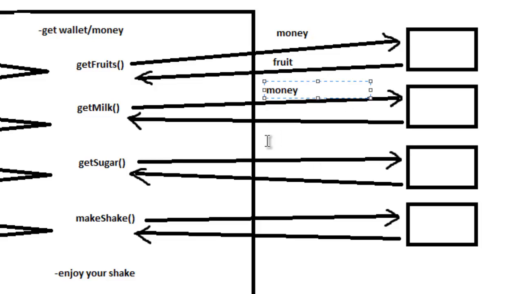Same to this function also, we are giving money. For this function again, we are giving money, right? This function is returning us milk. This function is returning sugar. And this function is making shake and returning the shake to us, right?